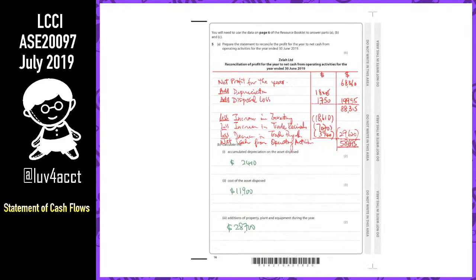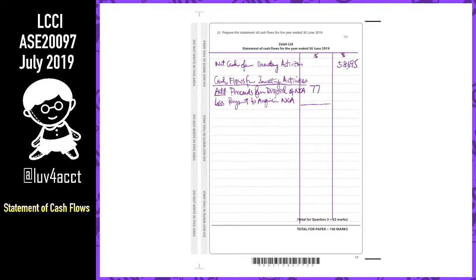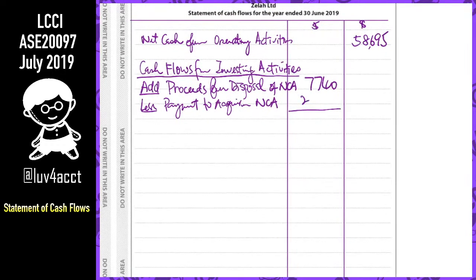Okay, so the proceeds, the purchase is 28700 and the proceeds is 7740 given to you directly. 7740 and then 28700. 20960 negative.